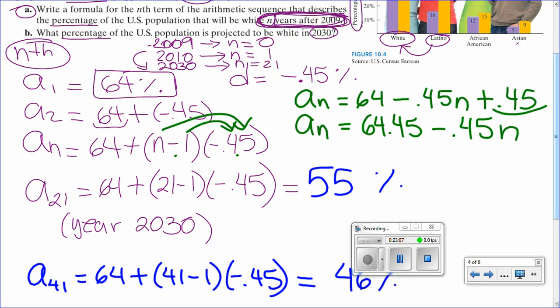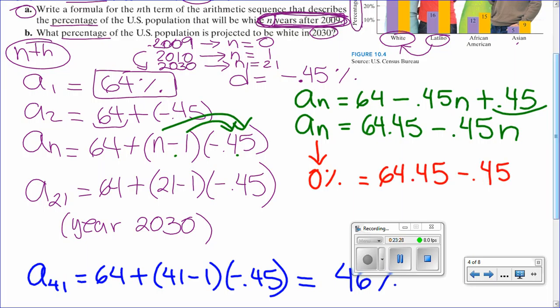So now, Sophie wants to do this question kind of backwards, so you want to know if this amount will be 0%. Is that what we want to know? Okay. So let's see if we can find that out. So what we need to do is, we have a linear equation, so we can solve for n and find out.